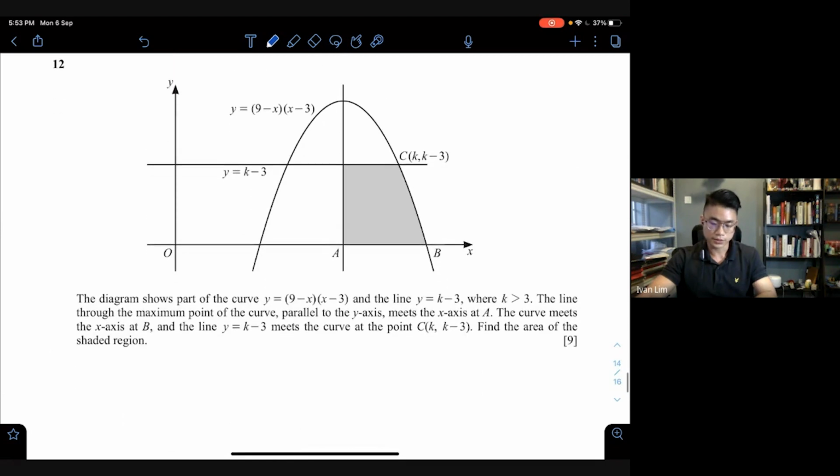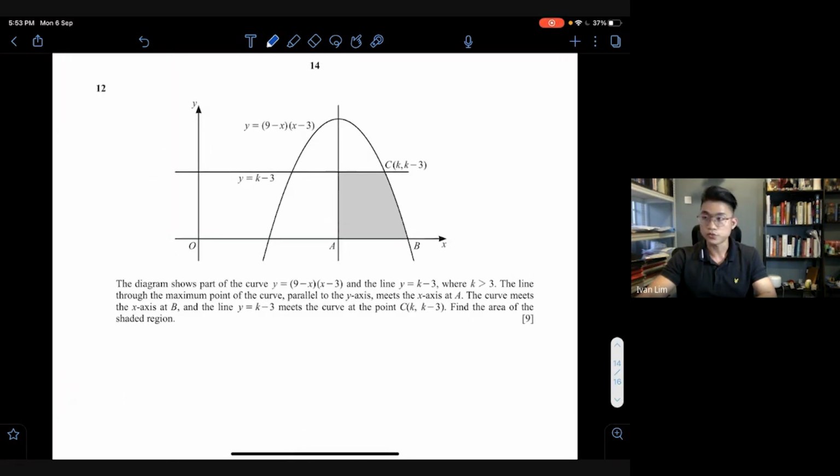Okay, last one. This one is the most fun question. The diagram shows part of the curve y equals (9 minus x)(x minus 3) and the line y equals k minus 3, where k is more than 3.